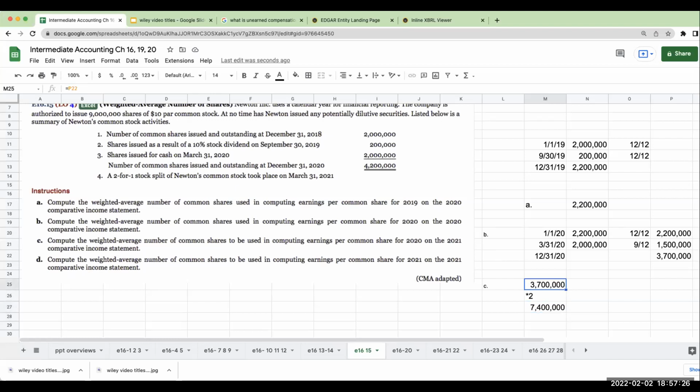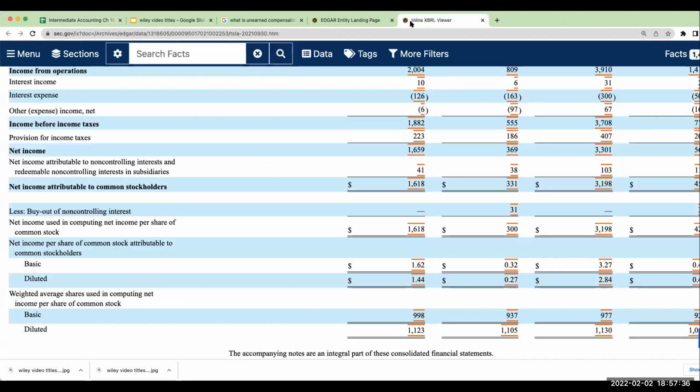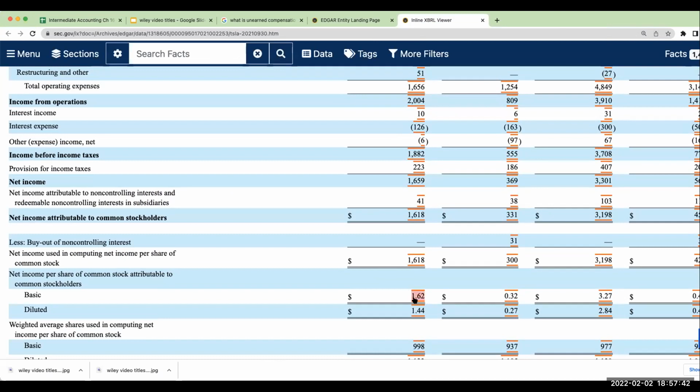If I use 3.7 million instead of 7.4 million on the 2020, it would materially distort my financial statements. Remember too that the earnings per share amount is a very important item. Why is it so important? Because it gives the investors a sense about valuation.